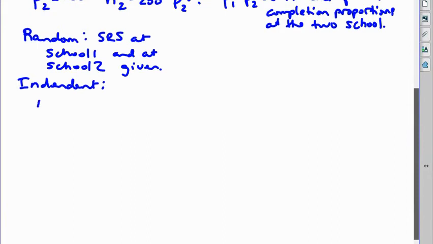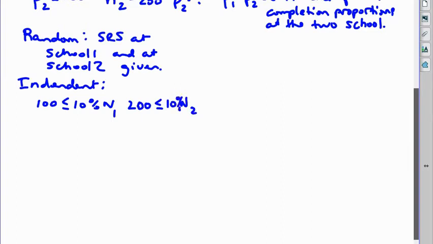So 100 students, because this is a finite population, we do need to use a 10% condition. That means we would need to have over 1,000 students there. And then there were 200 students at school 2. Oops, let me put a little 1 on there because that's school 1. And let's check school 2, 10%.